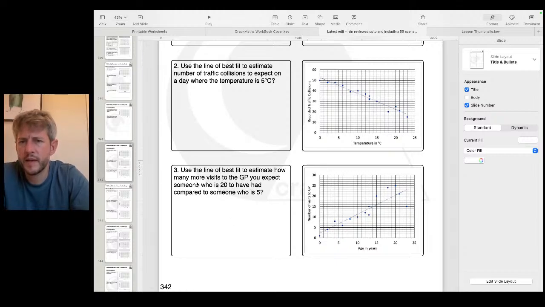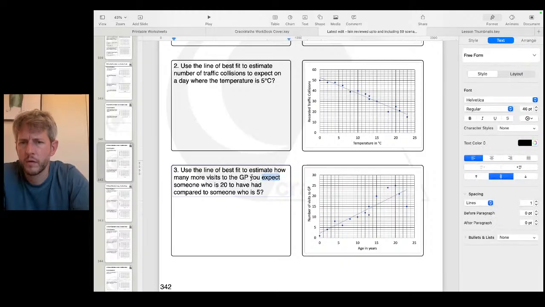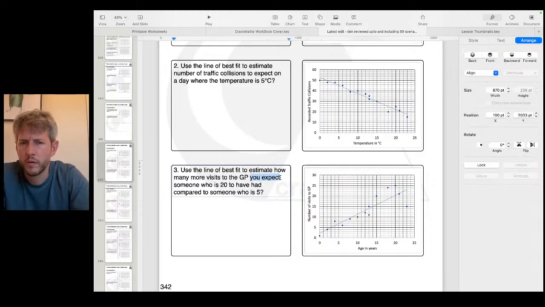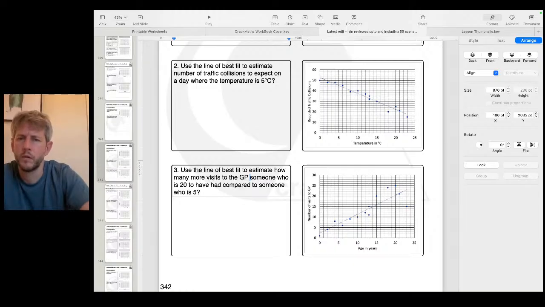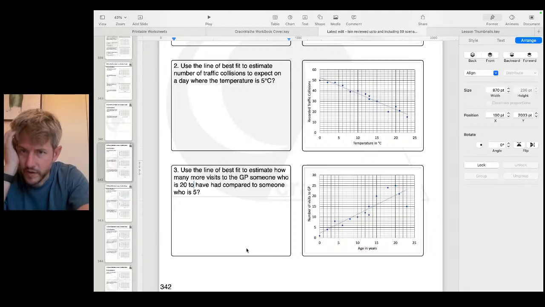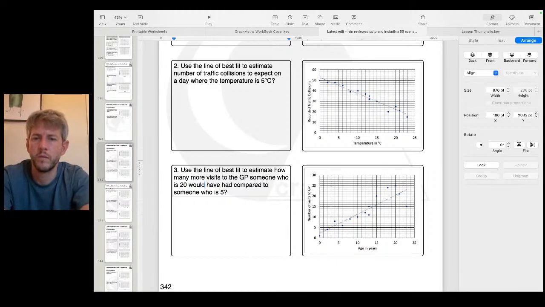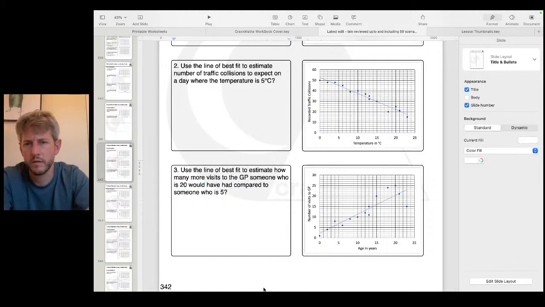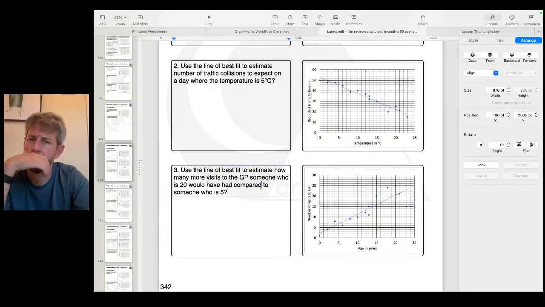Use the line of best fit to estimate how many more visits to the GP someone who is 20 would have had compared to someone.